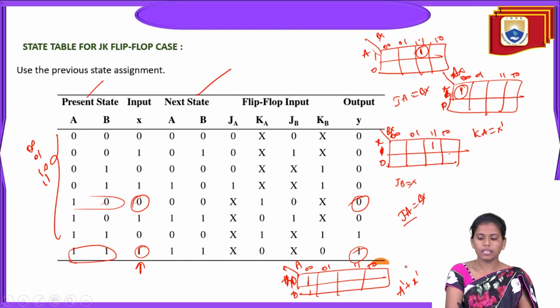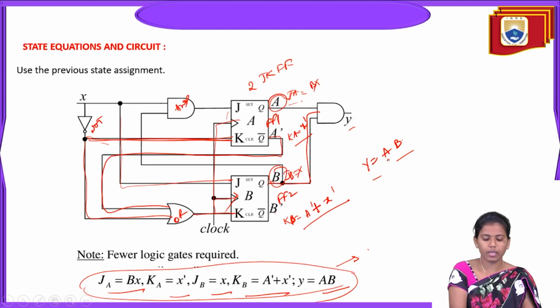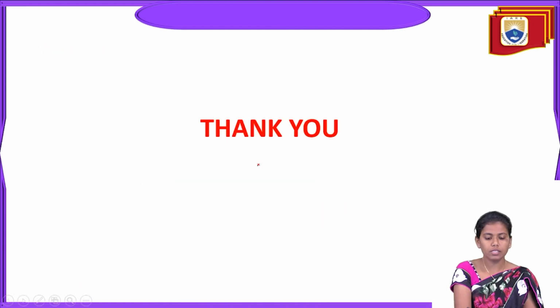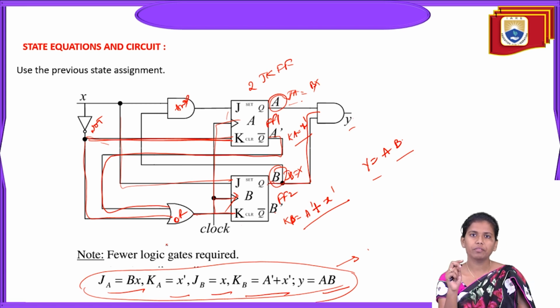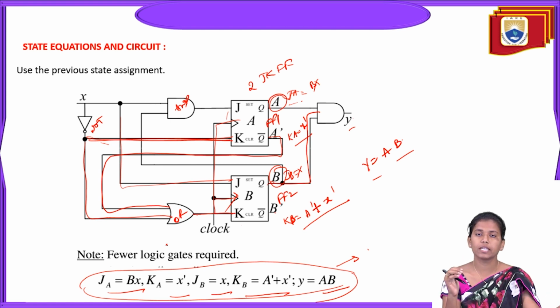Okay. So likewise, from the Karnaugh maps, we are able to write the expressions, and from the expressions, we are able to draw the circuit diagram. So this is about the synthesis of the synchronous sequential circuit. Just remember that in synchronous sequential circuits, with the help of the memory elements, we can store the information, and in synchronous sequential machines, we go with the help of finite state machines.